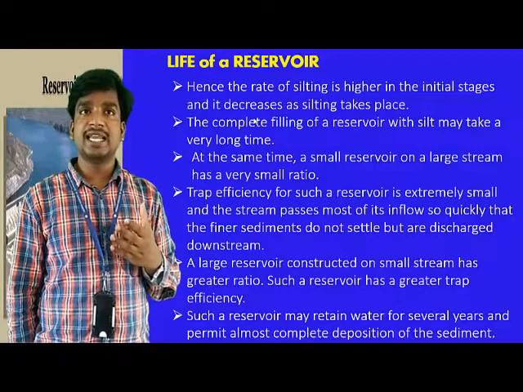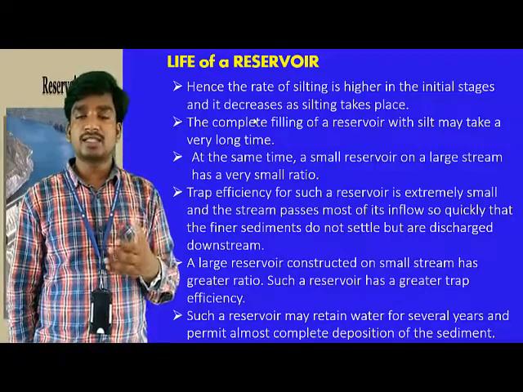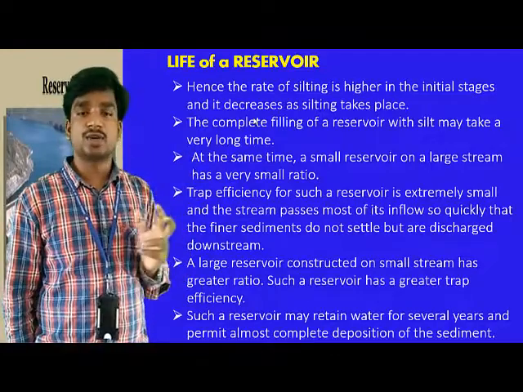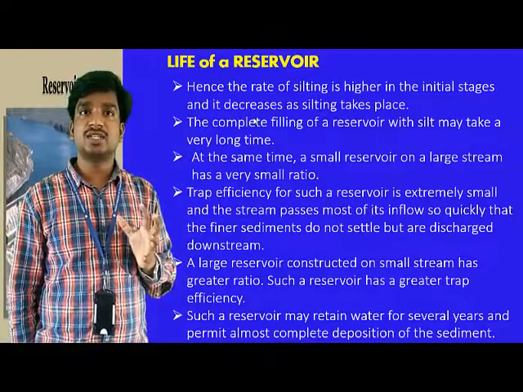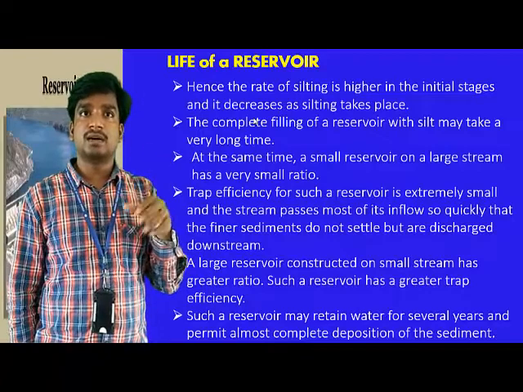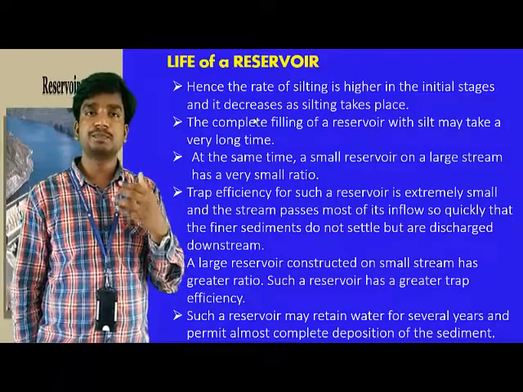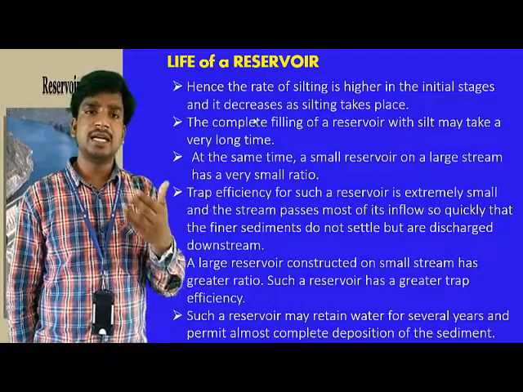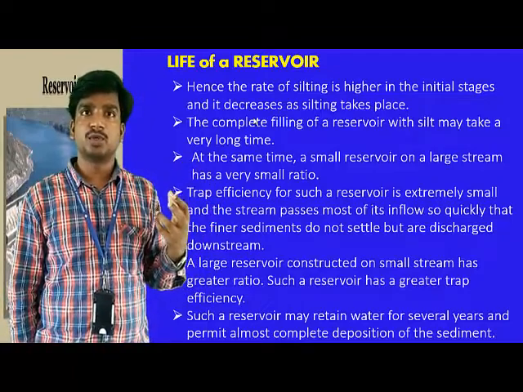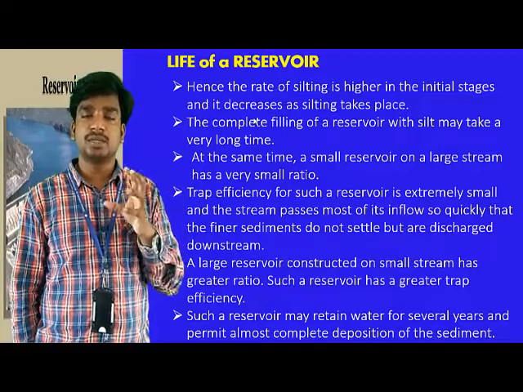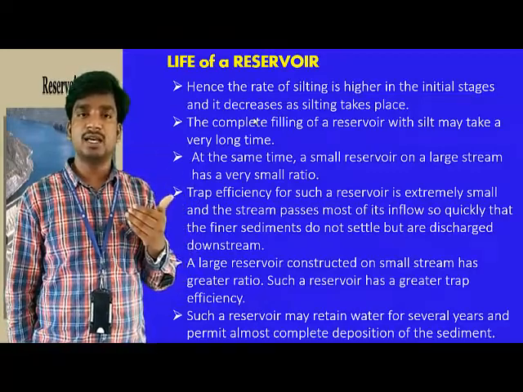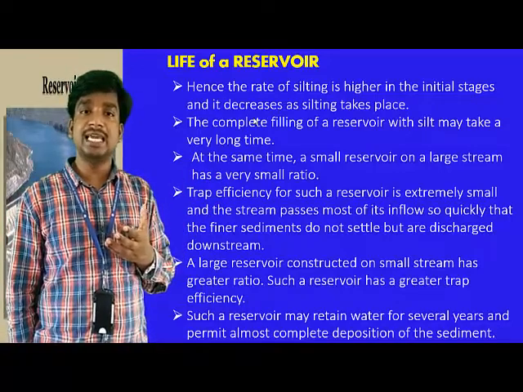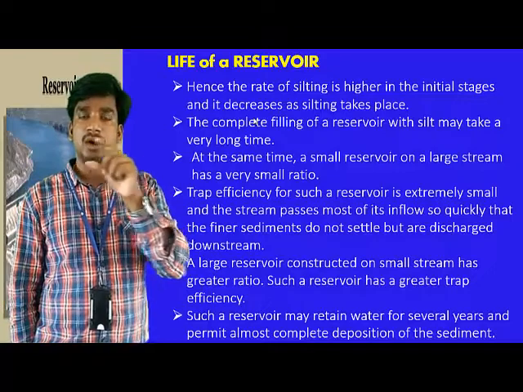For example, a small reservoir is constructed on a large stream. The inflow rate to the capacity ratio is large, so the trap efficiency will be reduced, because we are constructing a small dam on a large river.